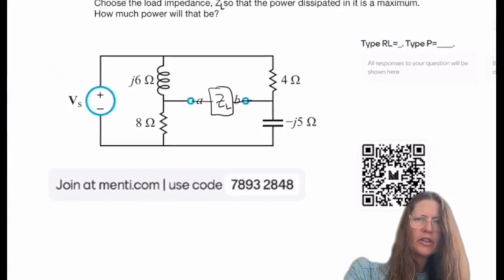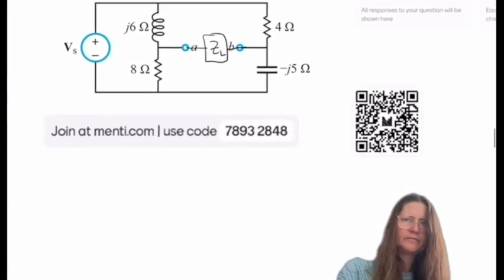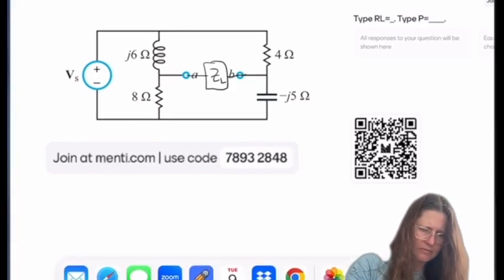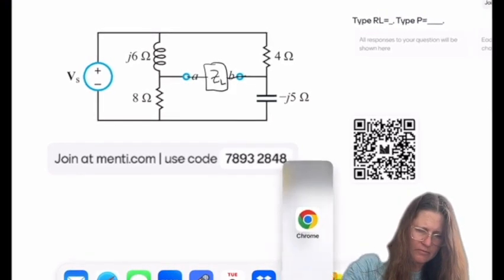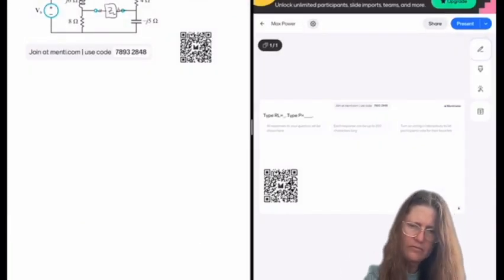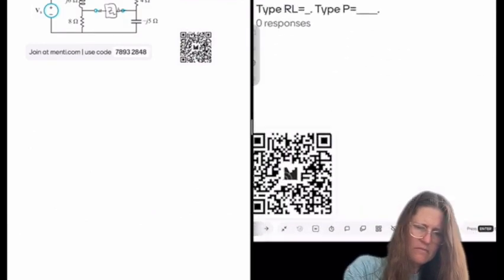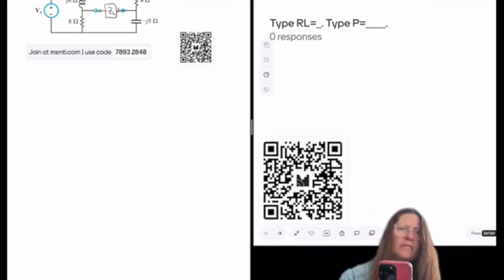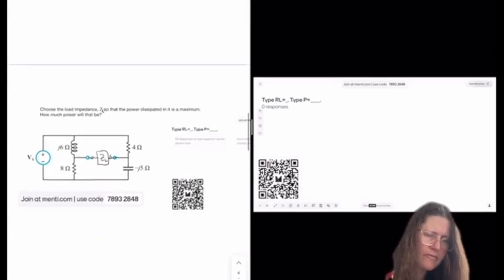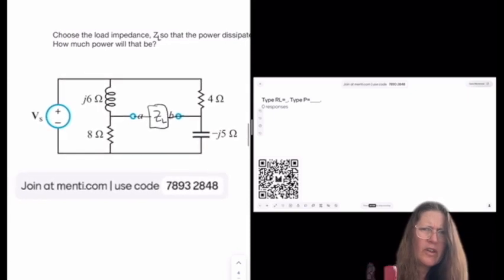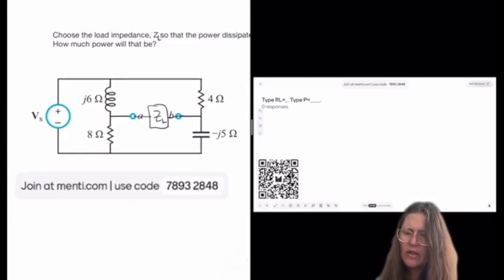So that is the number and that is the QR code for it. Alright, so finding RL and power.